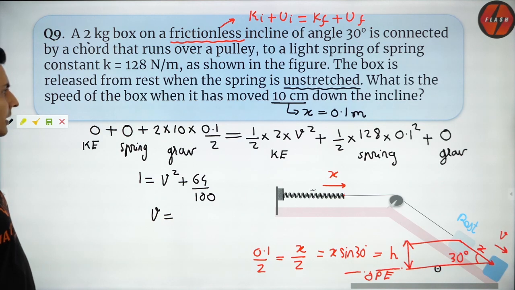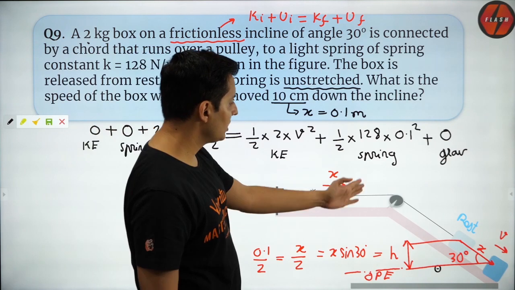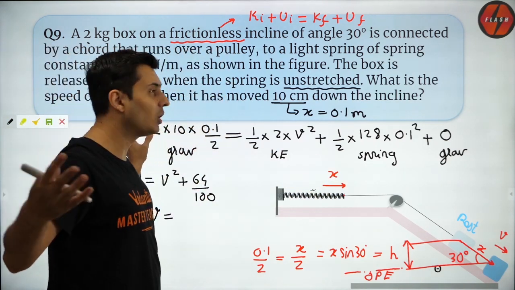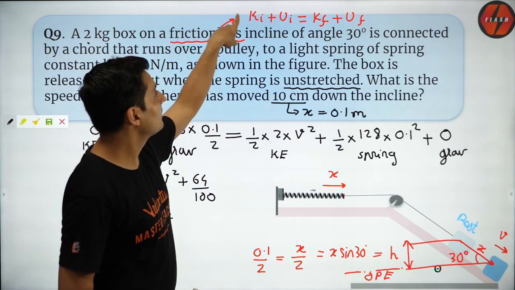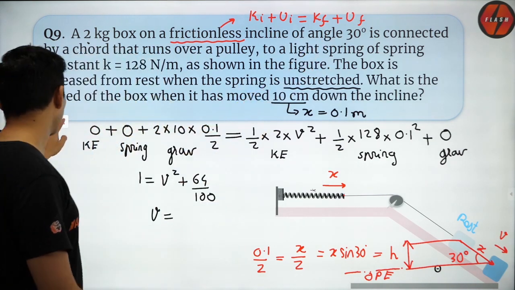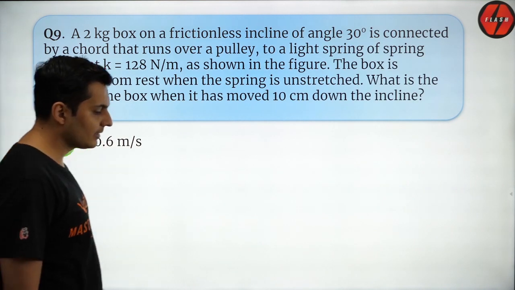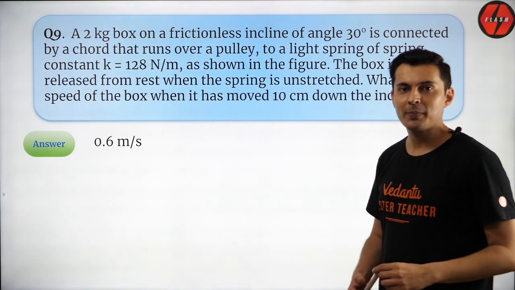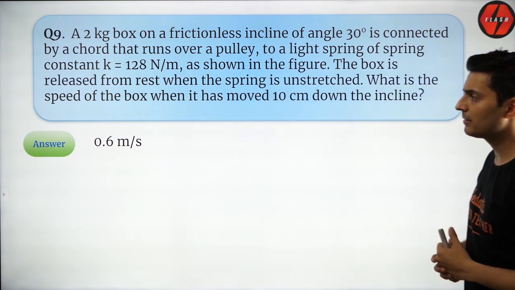Okay, so that's how you solve this problem. Very simple. The spring energy, gravitational potential energy and the kinetic energy sum should be constant because it's a smooth surface, so you can conserve energy. And when you solve it, you should get the answer as roughly around 0.6 meters per second. Okay, so that's a rough answer that you get.